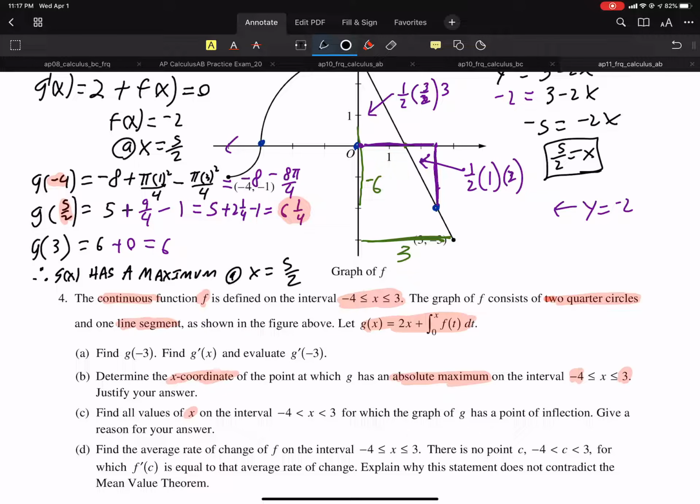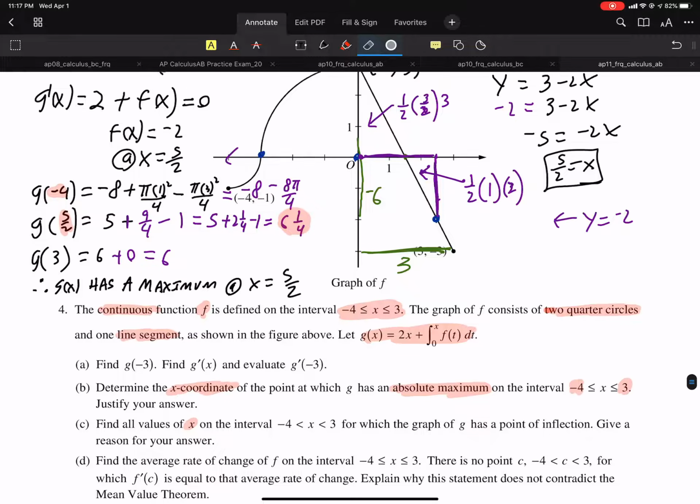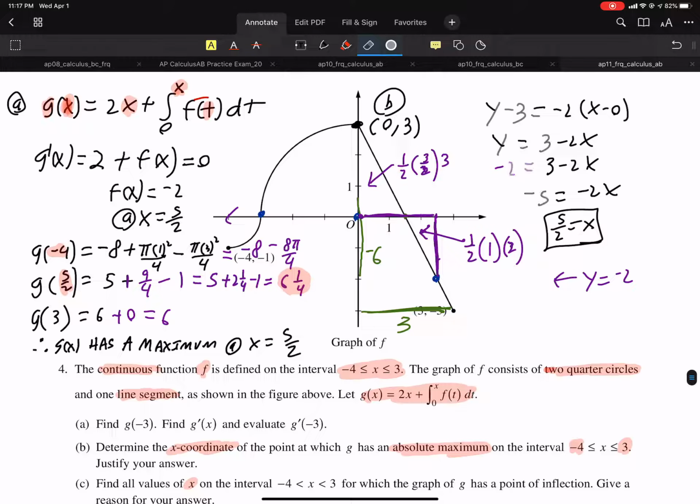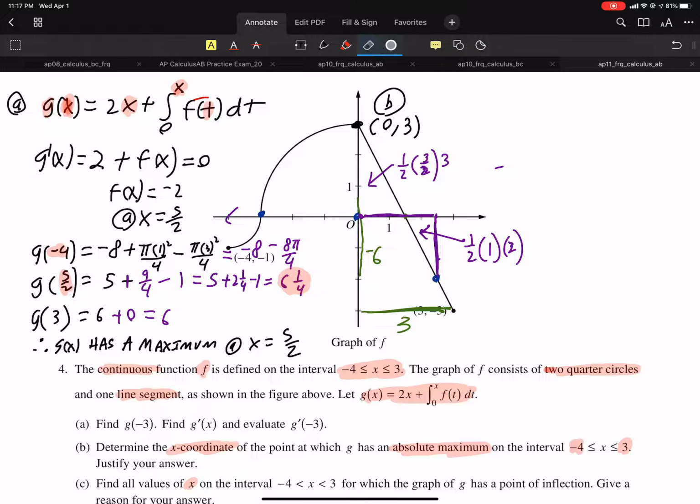But let me show you another way to look at this, which is much, much faster and prettier and less work. So I will do it on this side over here. So we're still going to use the fact that we found a critical point, 5 halves.